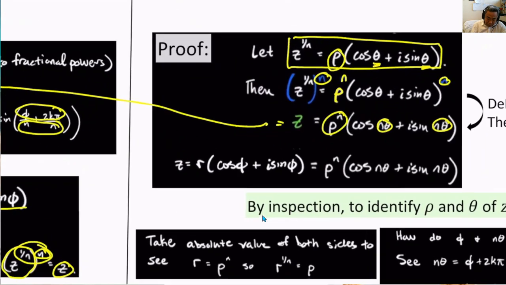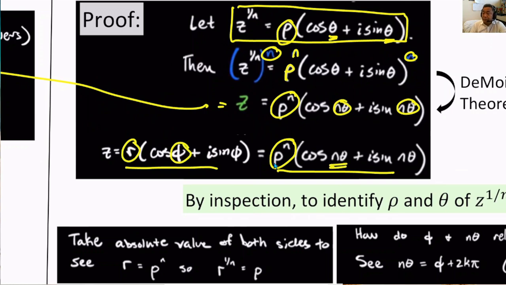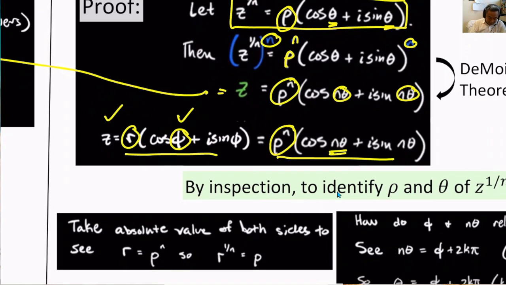So we can now identify the terms. r is rho to the n. Phi is n theta. And with that, since this is given to us, we now know how to find rho and theta. So rho to the n is equal to r.